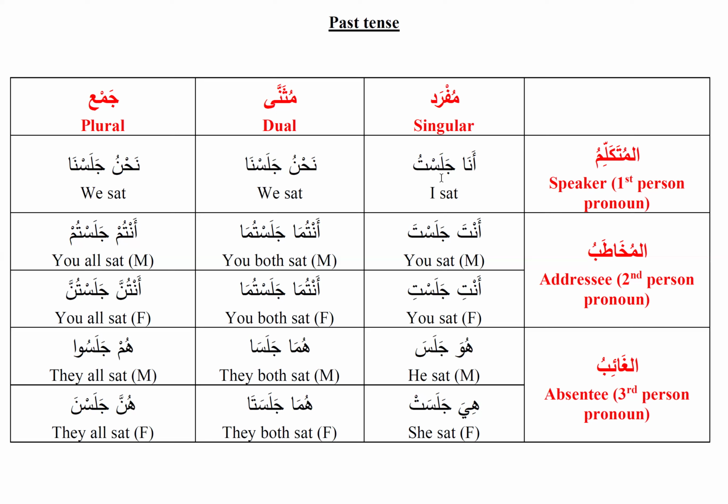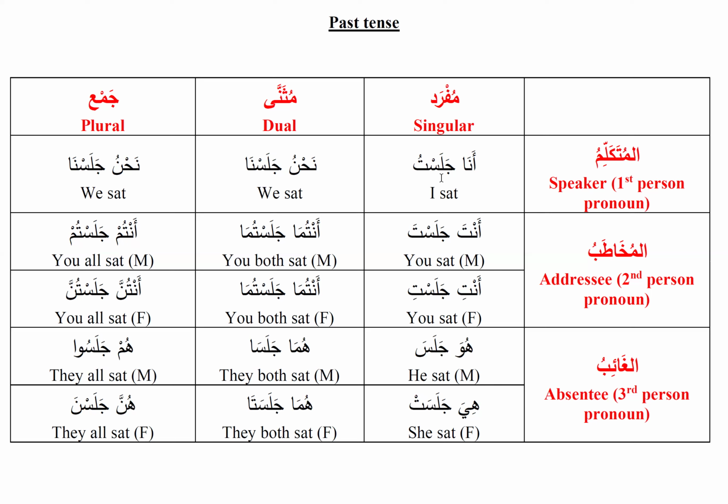Jalastu. And by the way, there is no dual when it comes to first person, because dual is included in the plural. When you say we sat, it can include both dual and plural. It can either mean dual or plural. It could be said by two people or more than two.